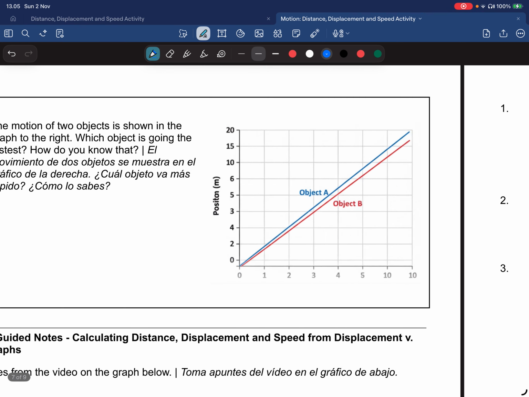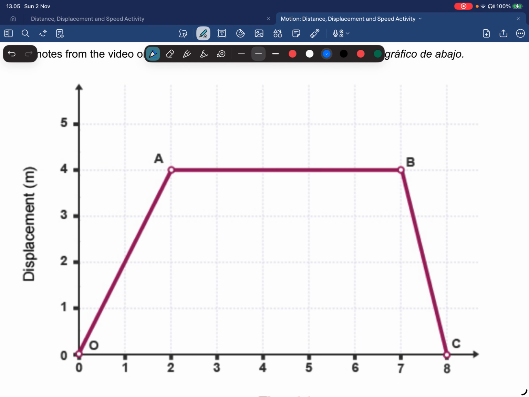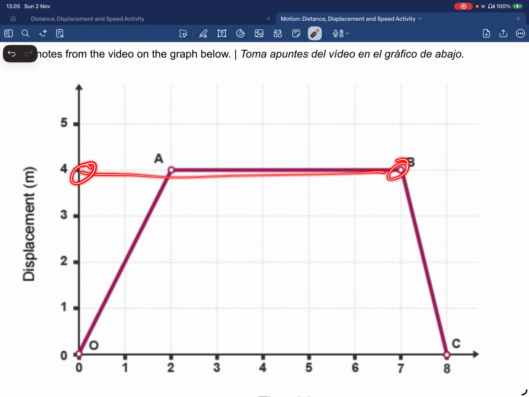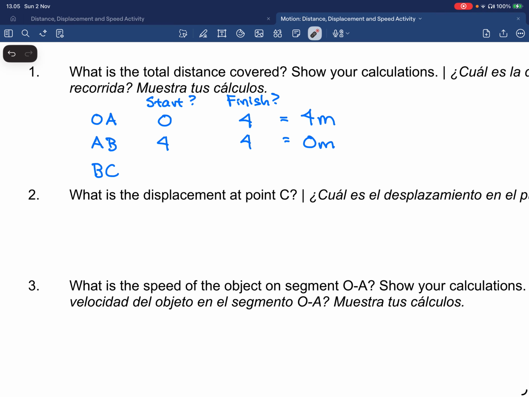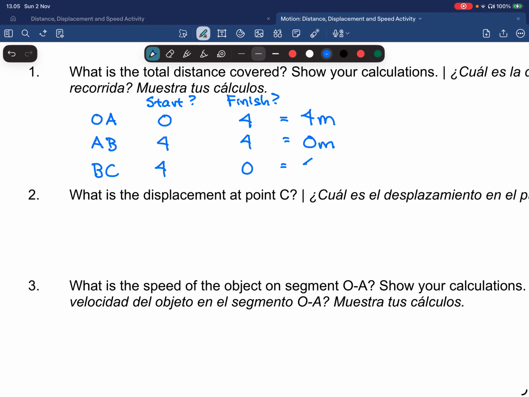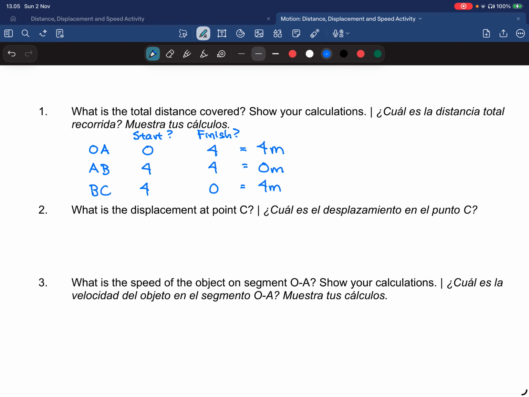And BC, I start at 4, I finish at 0, therefore I have traveled 4 meters. So my total distance is going to be those things added together. So total distance is equal to 4 plus 0 plus 4 is equal to 8 meters.